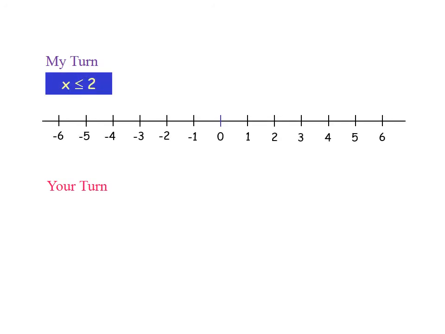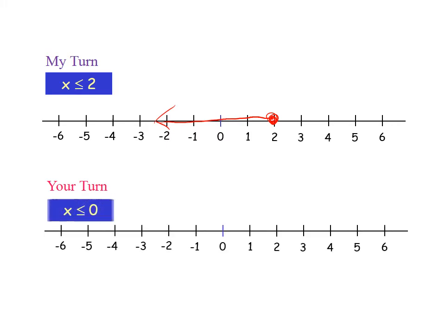X smaller than or equal to 2. Since it's smaller than or equal to, we need a solid dot here, and our arrow is going to go in this direction. Your turn, please. You should have drawn something like this.